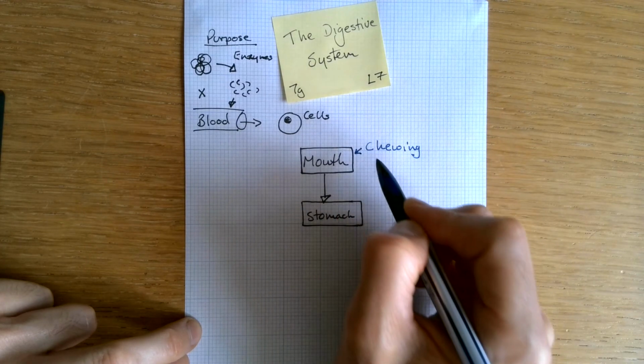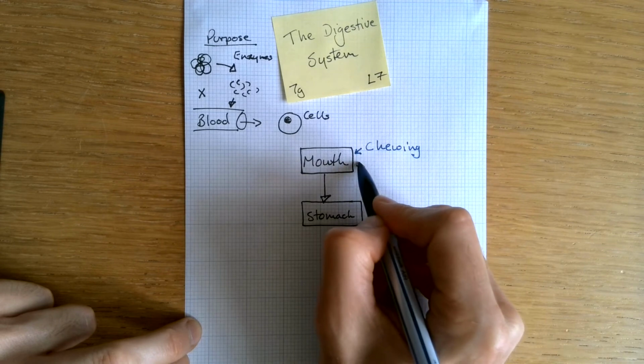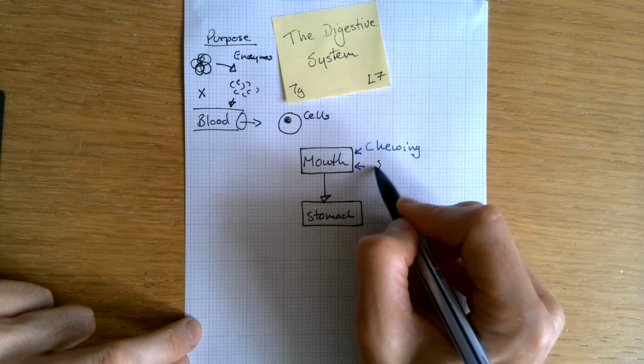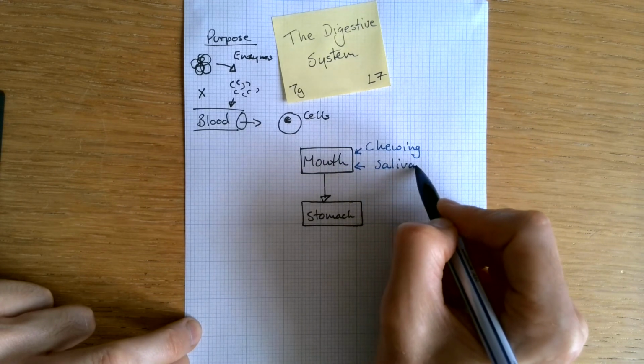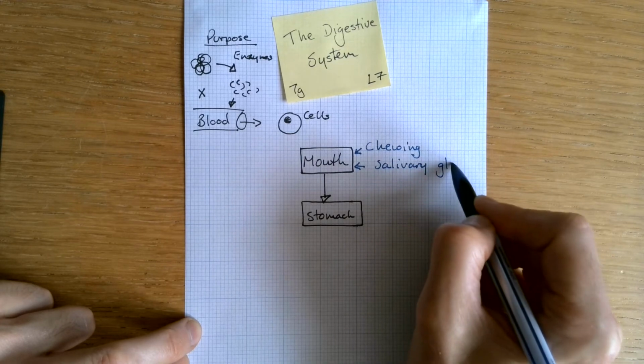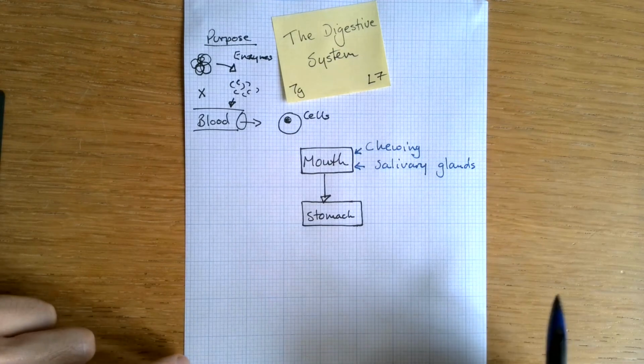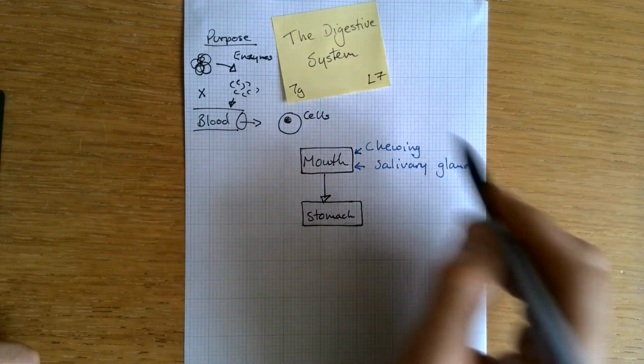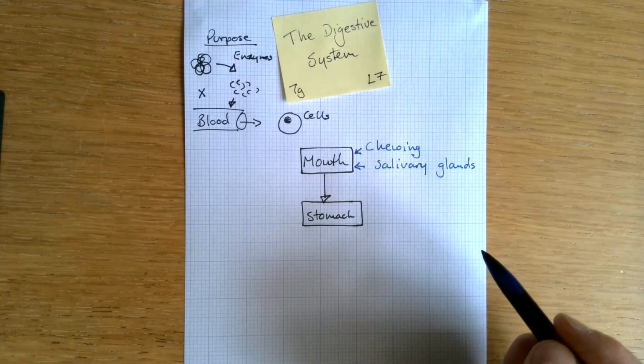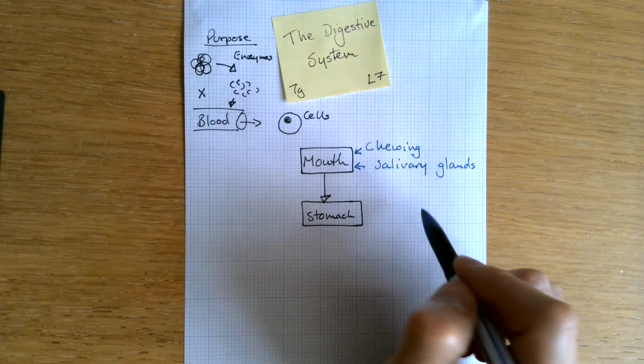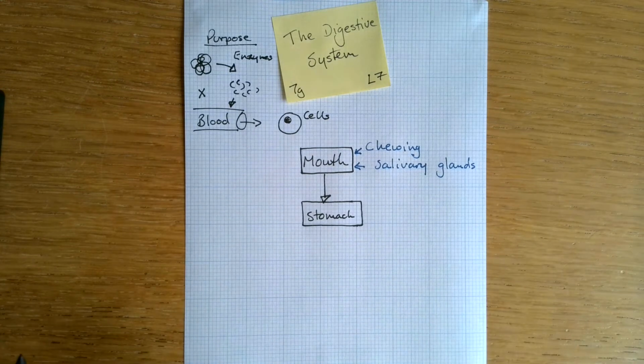We also produce a lot of saliva from salivary glands. Their job is not only to add some enzymes into the food, such as amylase, but also to help soften the food and to lubricate it, so it's easier to pass down into the stomach.